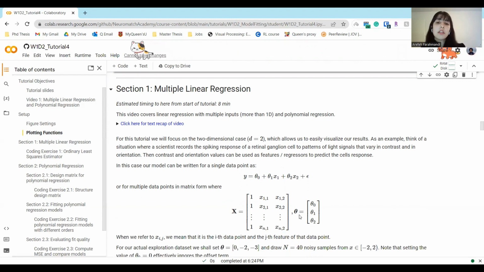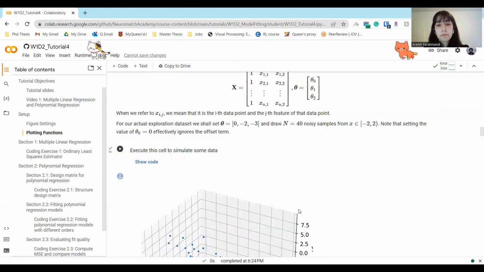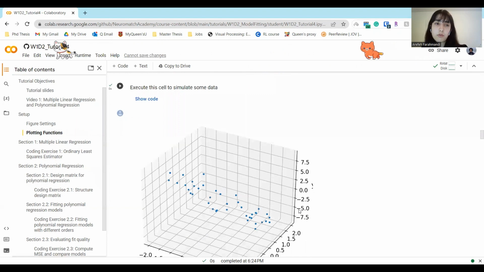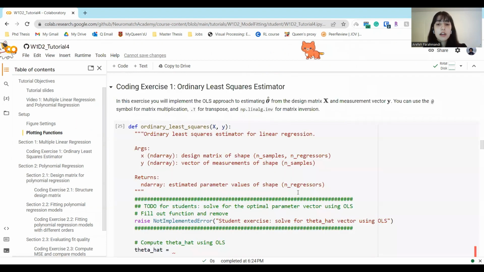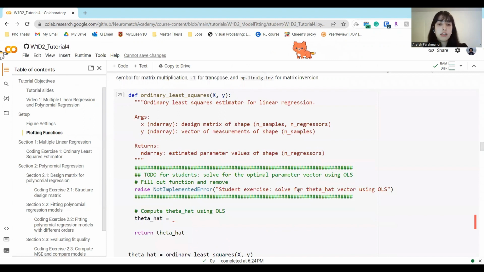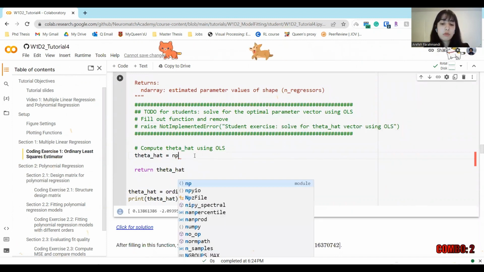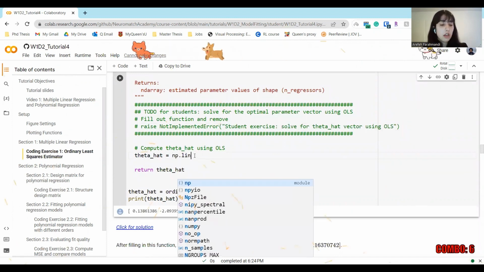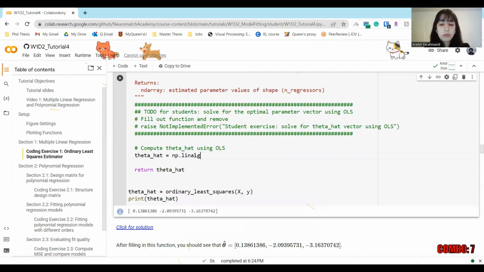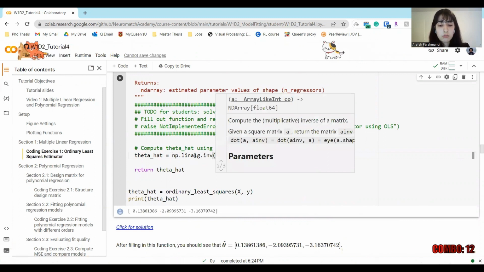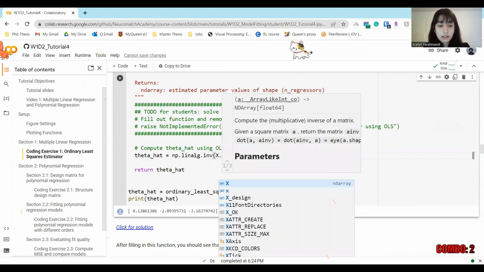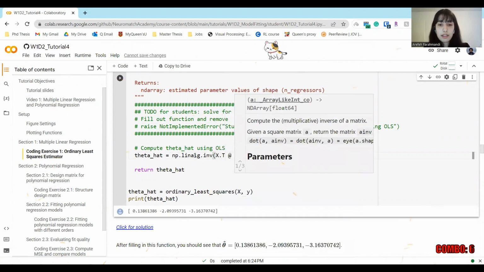So here we use OLS, our analytical solution, to calculate theta. Okay, let's calculate that. So theta hat would be the inverse of this matrix, and we use NumPy linear algebra to calculate the inverse of the matrix, which is the transpose of x multiplied by x itself.